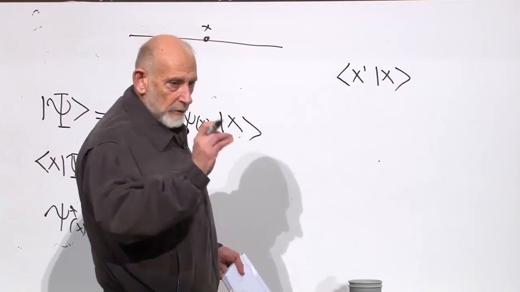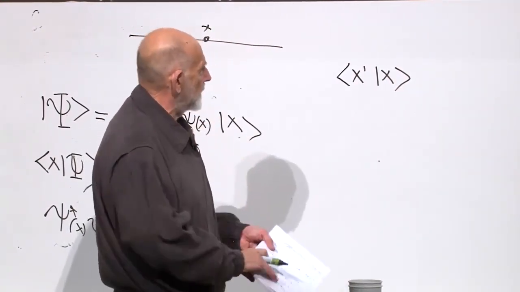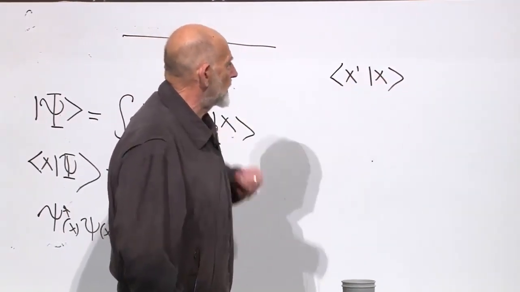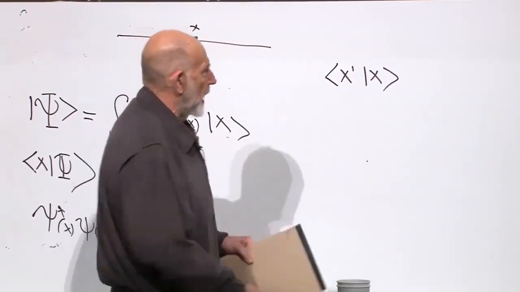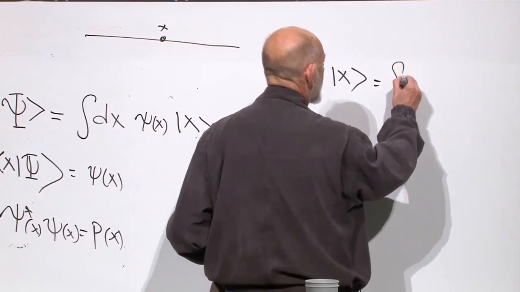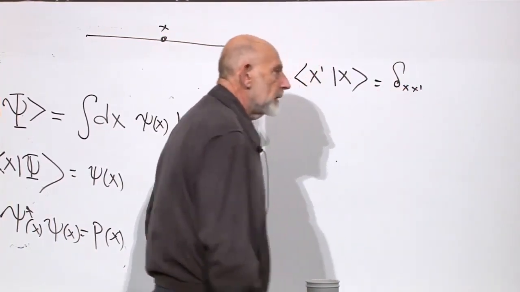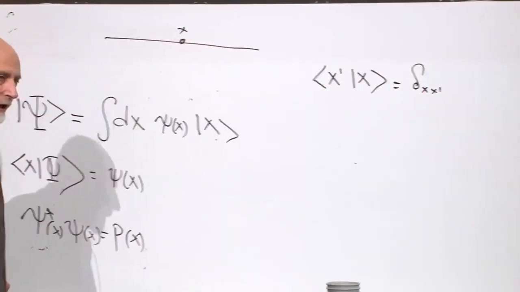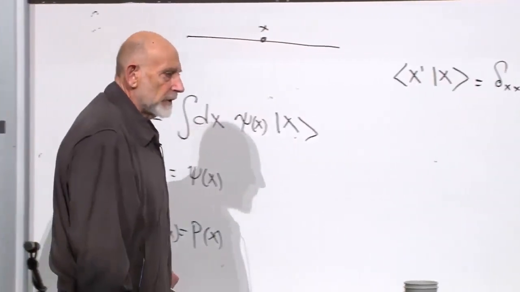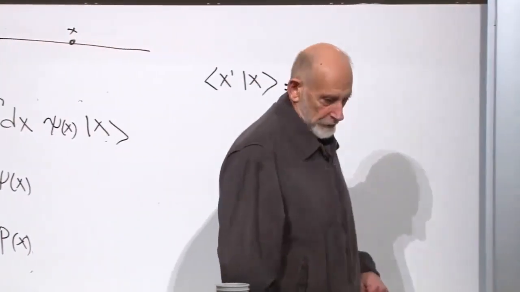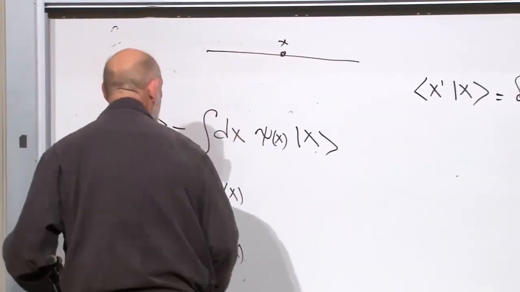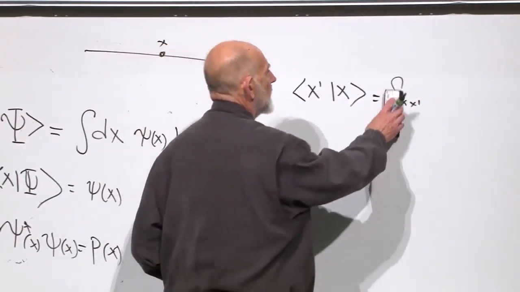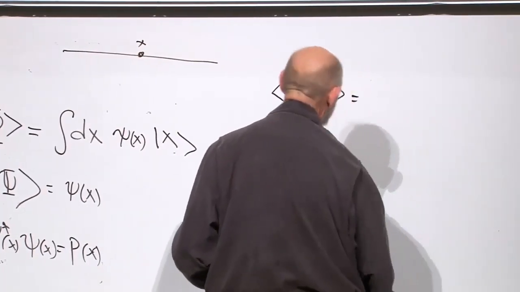And if these were standard discrete variables, we would say 0 unless x equals x prime, 1 if x equals x prime. We would write Kronecker delta. But that's not helpful for continuous variables. For continuous variables, we write the delta function. The Dirac delta function. It's the continuum analog of the Kronecker delta.